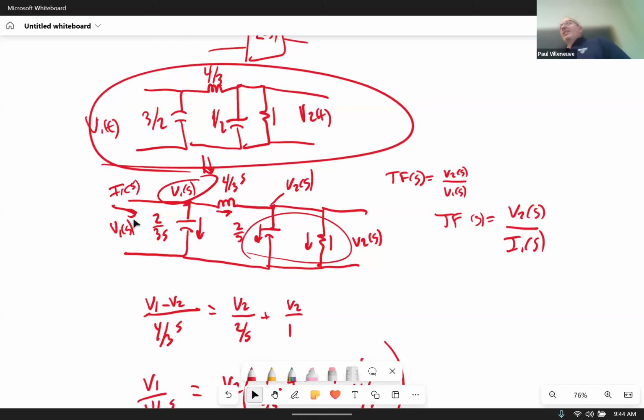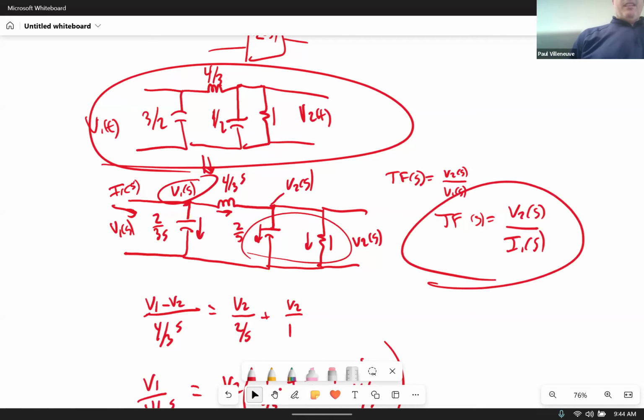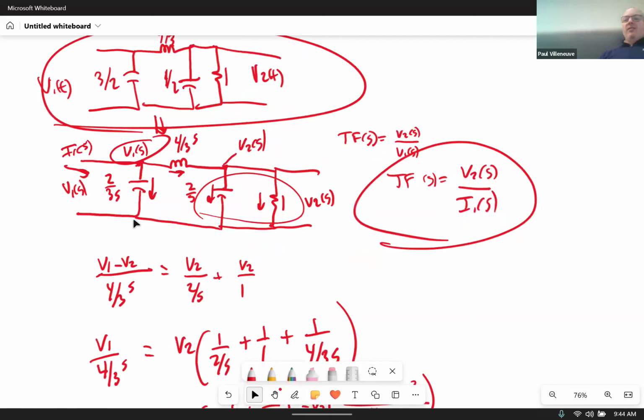Want to see another one, or you want to practice one yourself? All right, so give me this one then. Give me the transfer function for V2 in relation to I1.